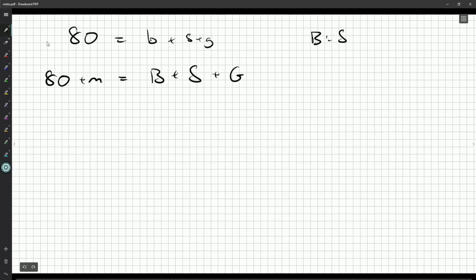So, what do we know? We know 80 is bronze plus silver plus gold. 80 plus the new medals added would be B plus S plus G. The B, S, and G have the same ratio, so that's still 6 to 9 to 5.